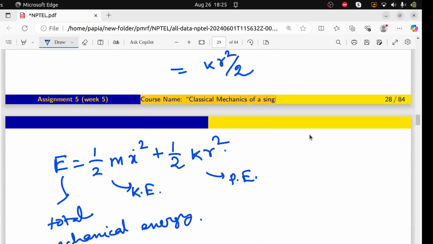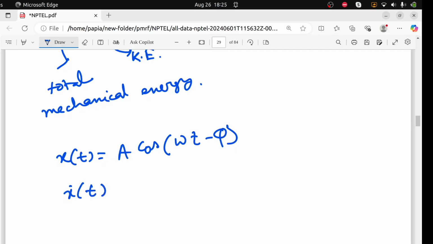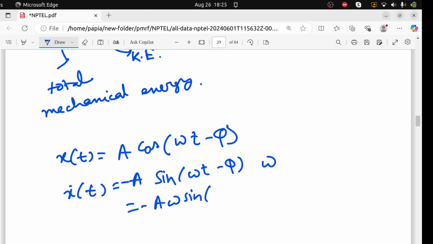Now if I have x of t as A cos(omega t minus phi), then x dot of t will be minus A omega sin(omega t minus phi).